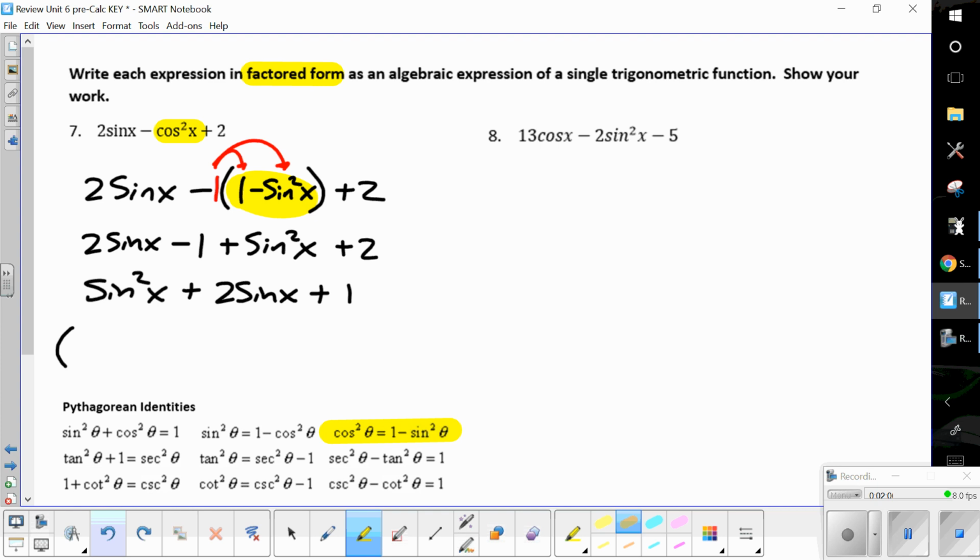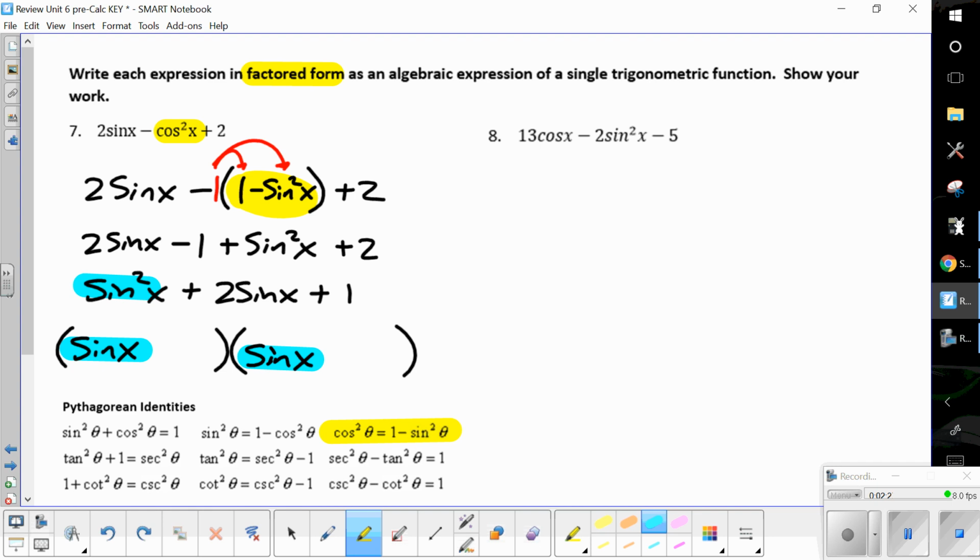I'm going to go ahead and make my parentheses. I'm going to split this up into 2 binomials. Again, my leading terms, whatever goes in these spots has to multiply to sine squared of x. And the only option is sine of x and sine of x.